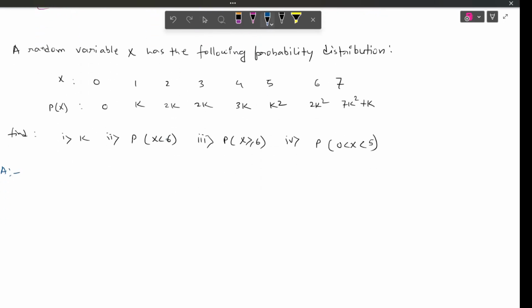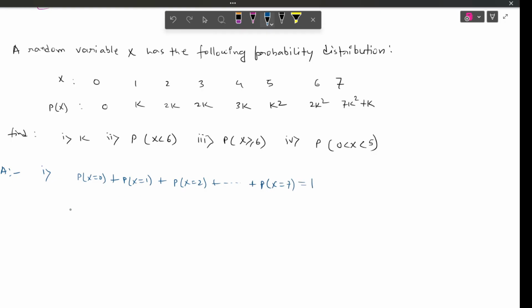See, always remember the sum of probability should be 1. So that means number 1 solution would be probability of X equals 0 plus probability of X equals 1 plus probability of X equals 2 up to probability of X equals 7.